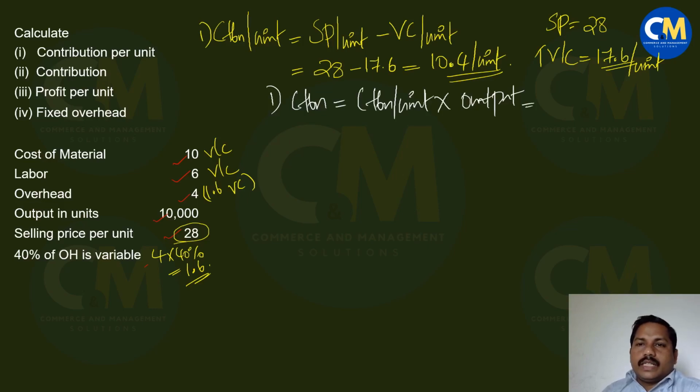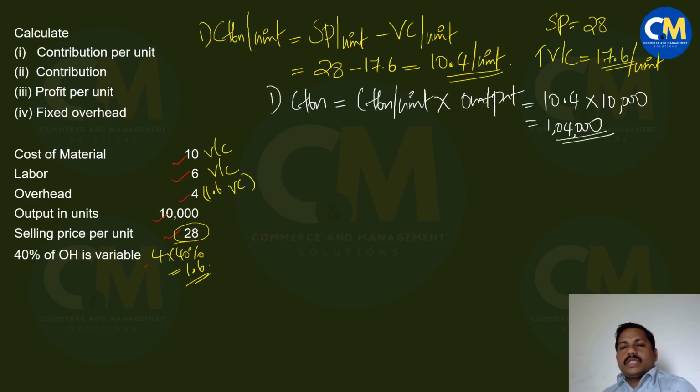So we will write here 10.4, that is contribution per unit, into 10,000. So that is equal to 1,04,000, the total contribution. So now we got contribution per unit and total contribution also. Then we move to the next part, next question.